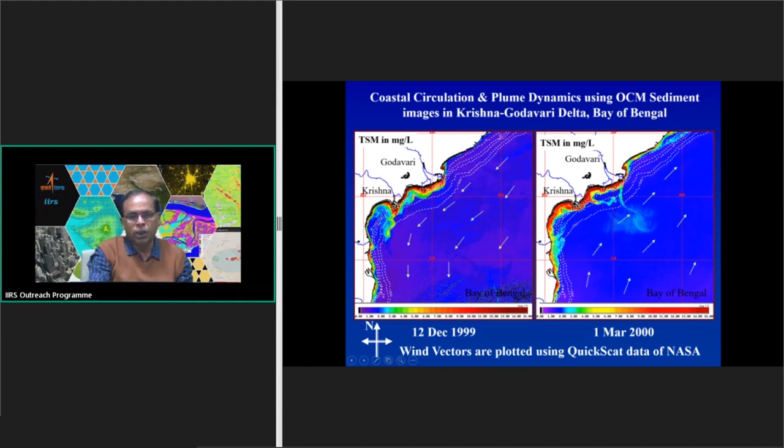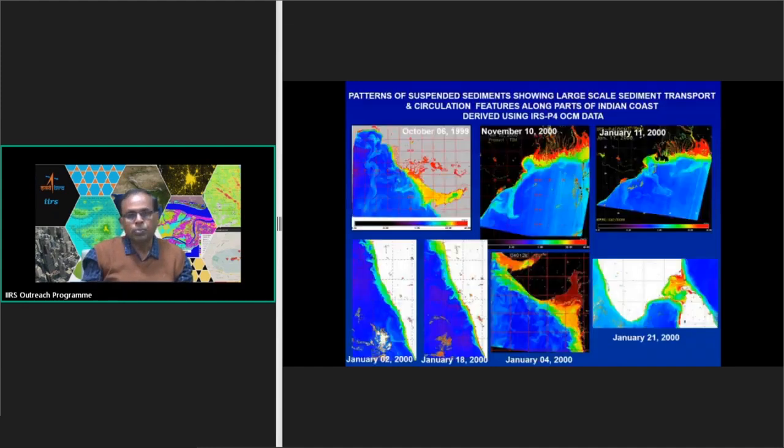But here you can see one plume going straight to the ocean. So this type of feature will be highly useful to calibrate the numerical models of the ocean. And normally we think that the suspended sediment is confined to the coastal area, but these images show the suspended sediment being carried far away from the coast to the middle of the bay.